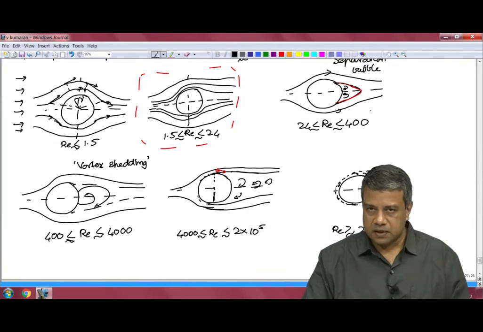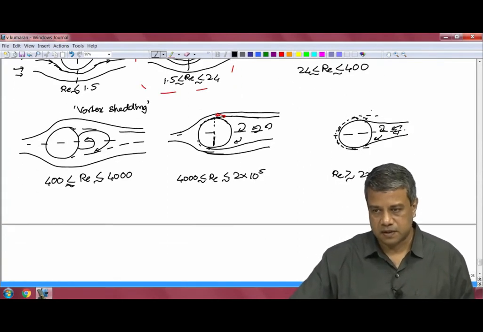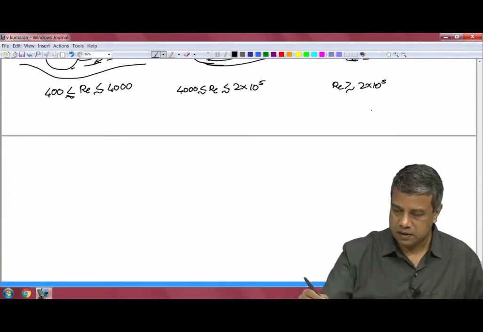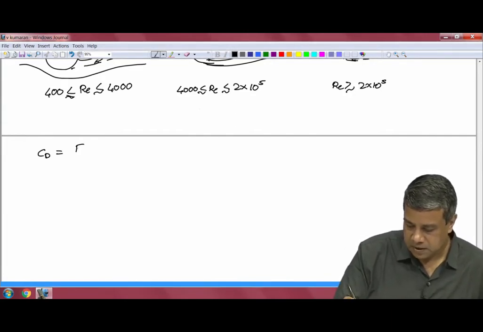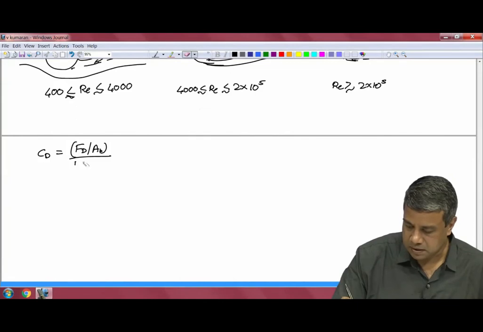How does that affect the drag force for the flow past a spherical particle? Recall that we had defined the drag coefficient as the drag force divided by the projected area divided by the kinetic energy density.